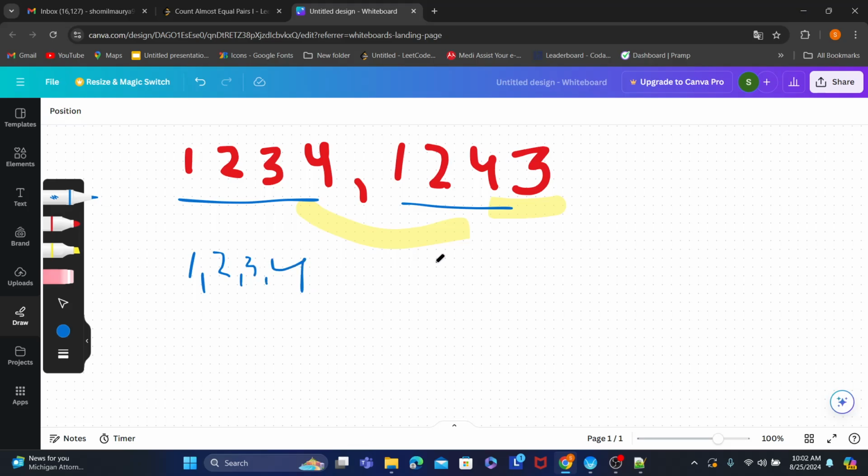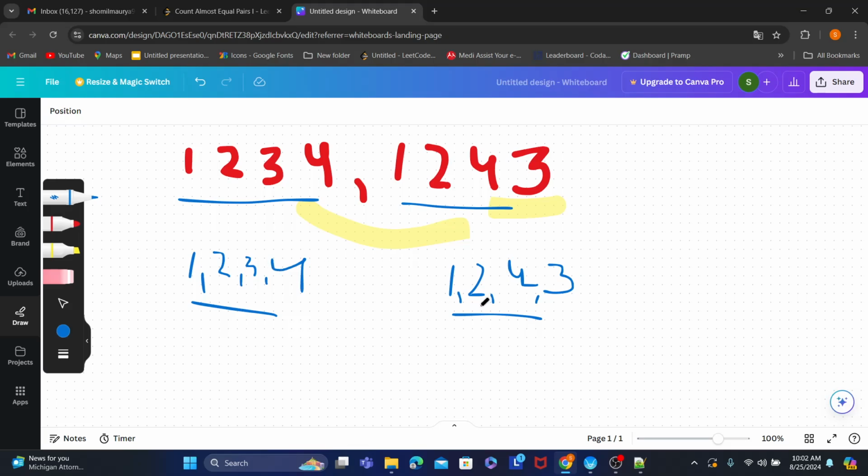Here also, what are the digits? 1, 2, 4 and 3. So this contains 1, 2, 3, 4, and this also contains 1, 2, 3, 4. So this can be our answer, not the exact answer, but the most probable answer it can be.